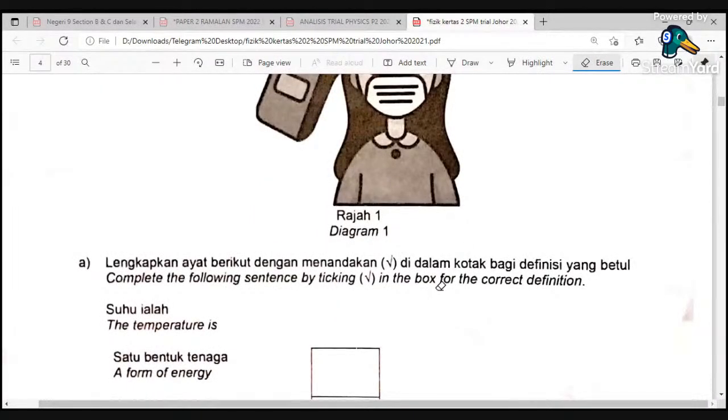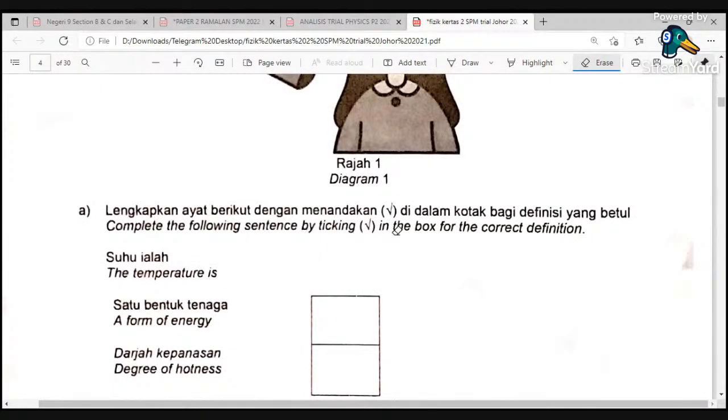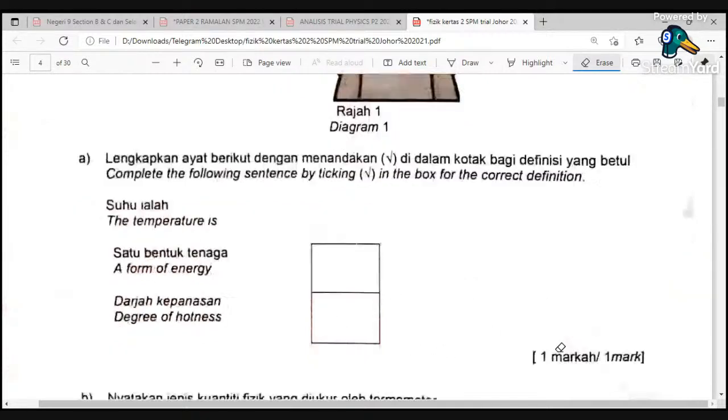Okay, complete the following sentence by ticking in the box for the correct definition. This is quite a new style of testing you on definition. So this one is about temperature. What is the definition for temperature? It is the degree of hotness of an object.